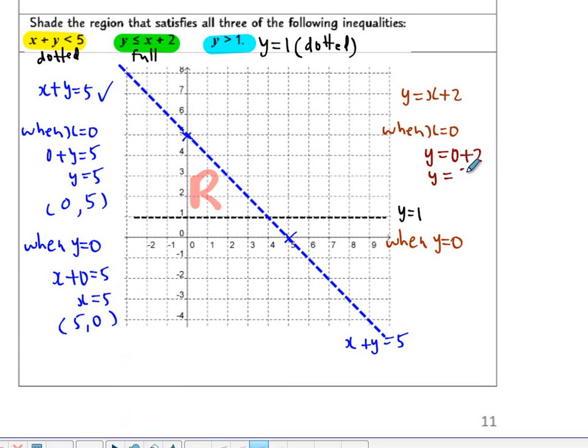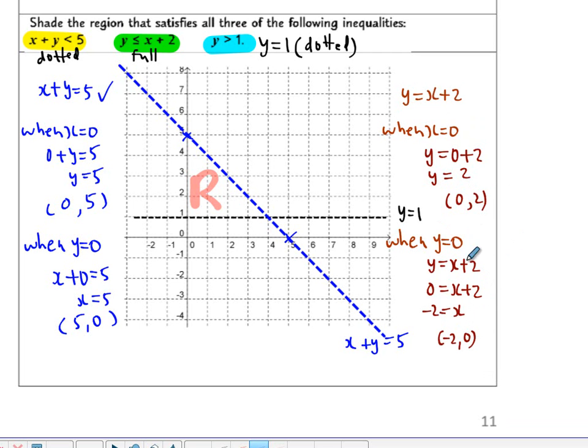So y equals 2. That gives me a coordinate 0, 2. Now when y is 0, I'll write this equation again. Y equals x plus 2. Y is 0. X plus 2 is 0. X must be negative 2. So the coordinate here is minus 2, 0.